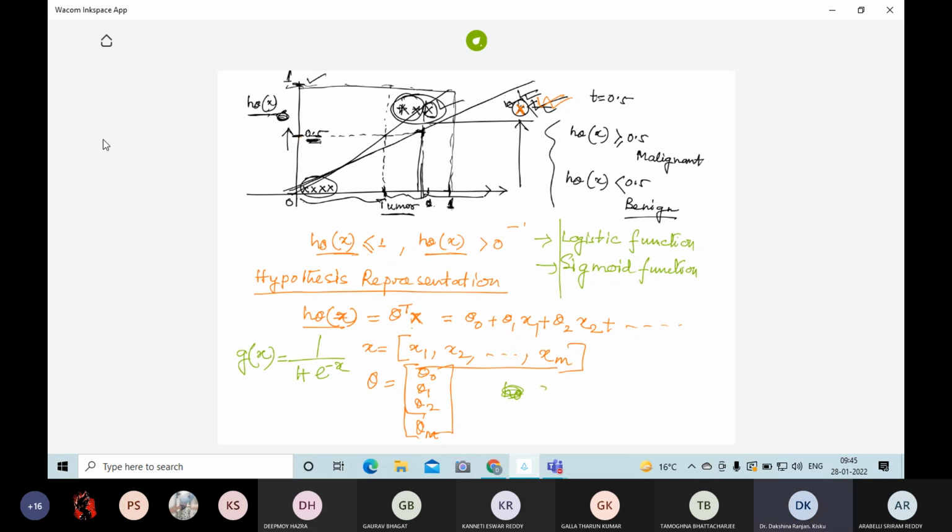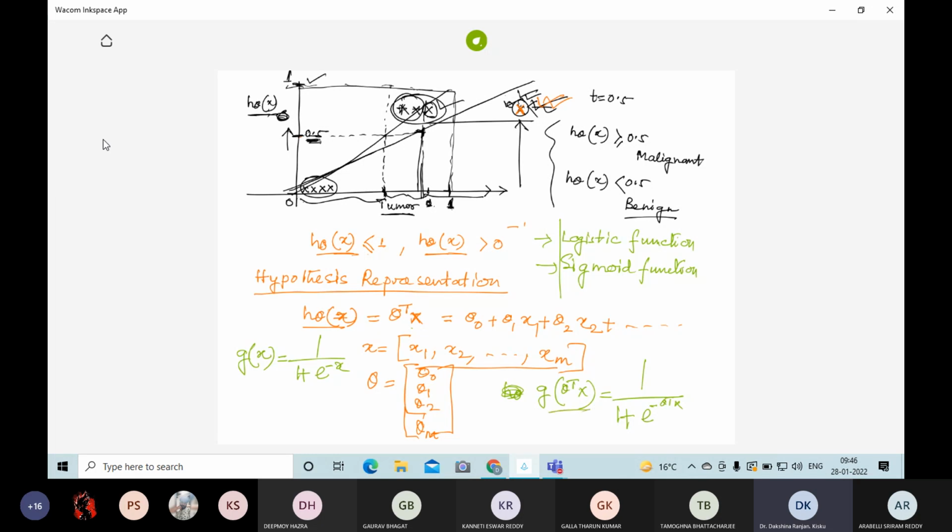So the logistic function will now be defined over this combination of theta transpose and x, and we have 1 divided by 1 plus e to the power minus theta transpose x.